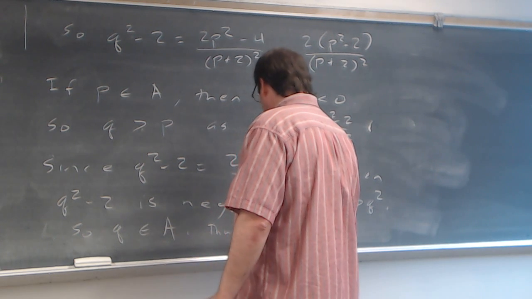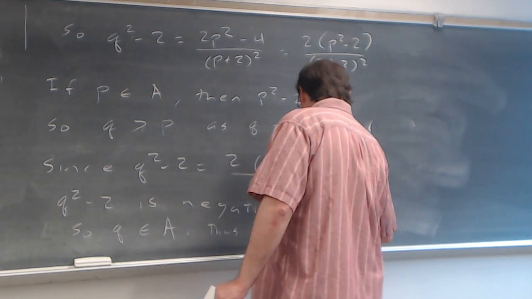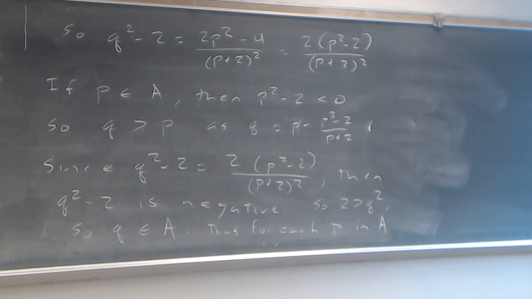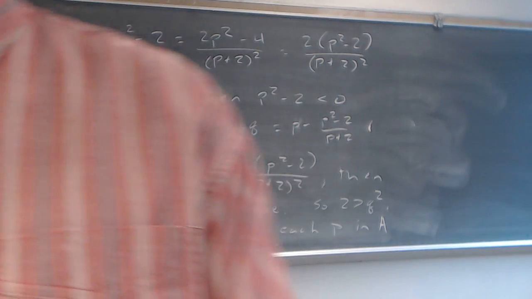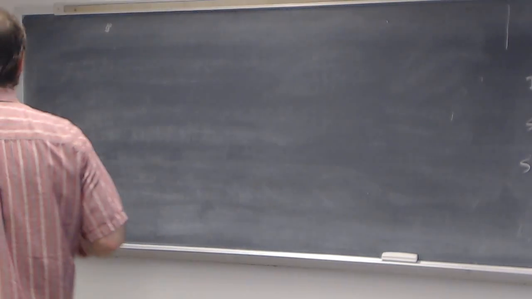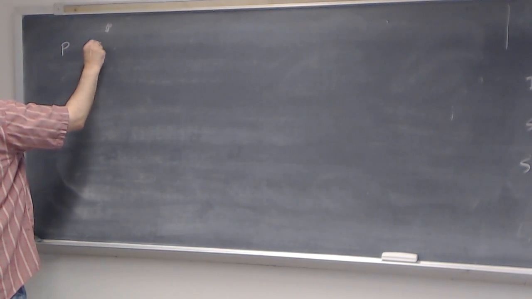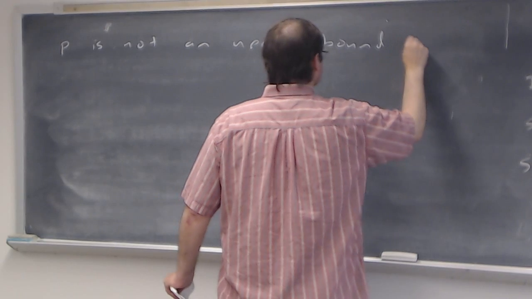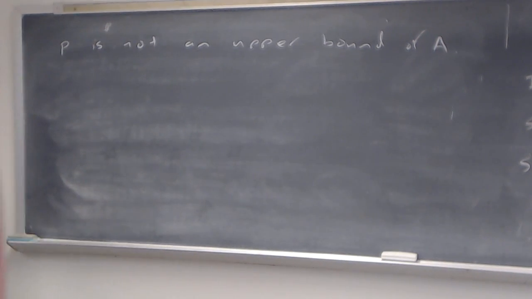Thus, for each p in A, p is not an upper bound of A. And the reason is because we find this q in A that's bigger than it.